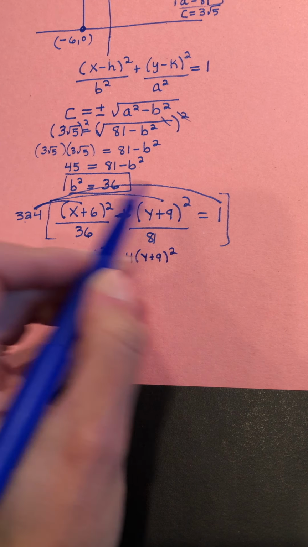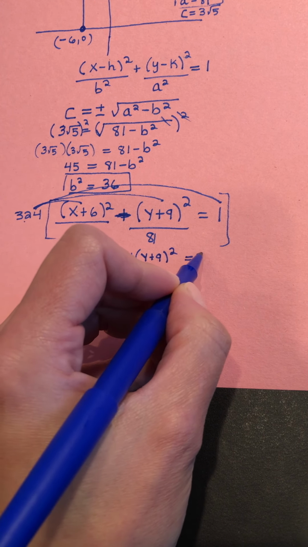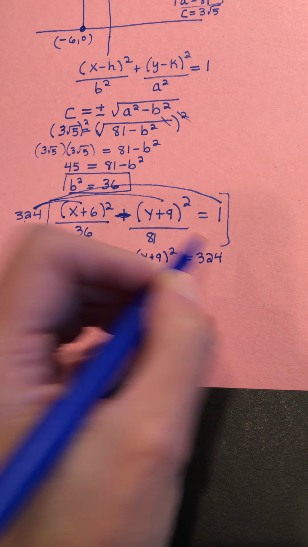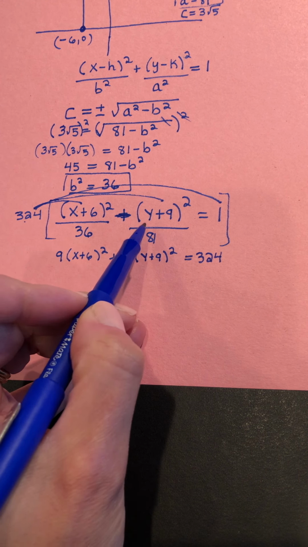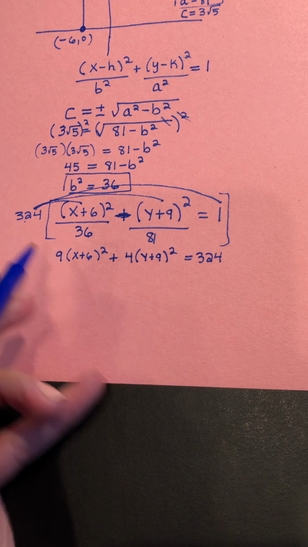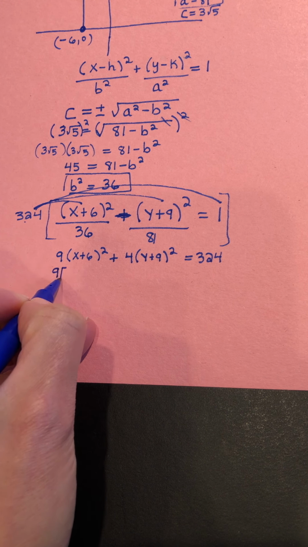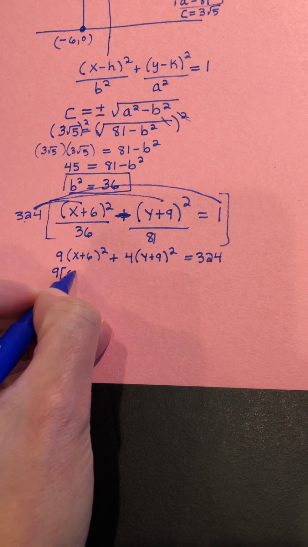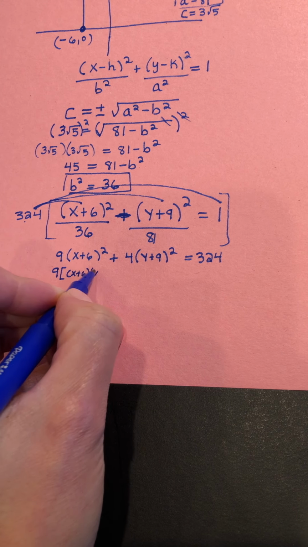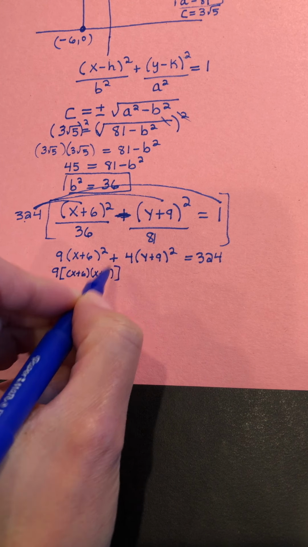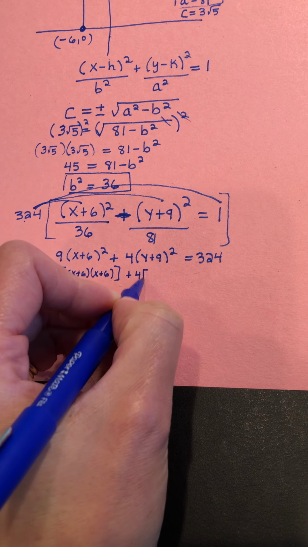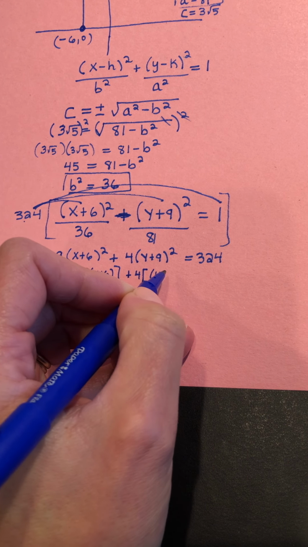And then 324 must be multiplied by 1. Okay, so the key is to multiply by the least common multiple. I'm just going to multiply this out. This is 9 times the quantity, this is x plus 6 times x plus 6, right? Plus 4 times, this is going to be y plus 9.